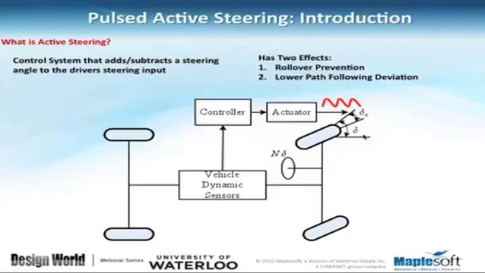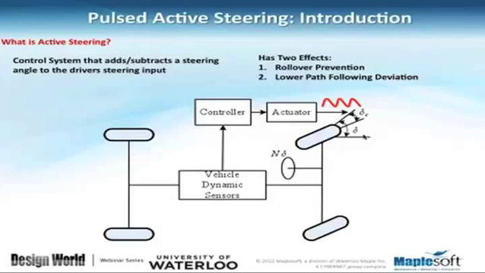The other project that we recently did using Maplesoft was related to an active steering system. It's a new method we have developed here at the school, and that is the pulse active steering system.